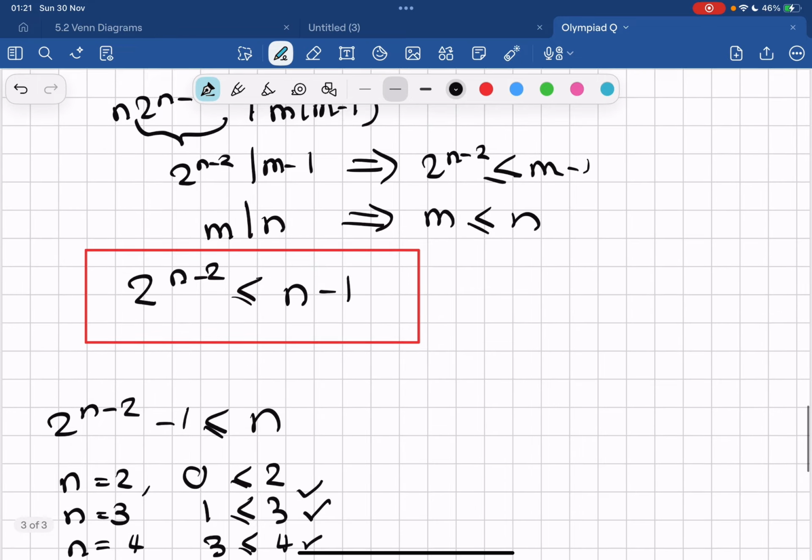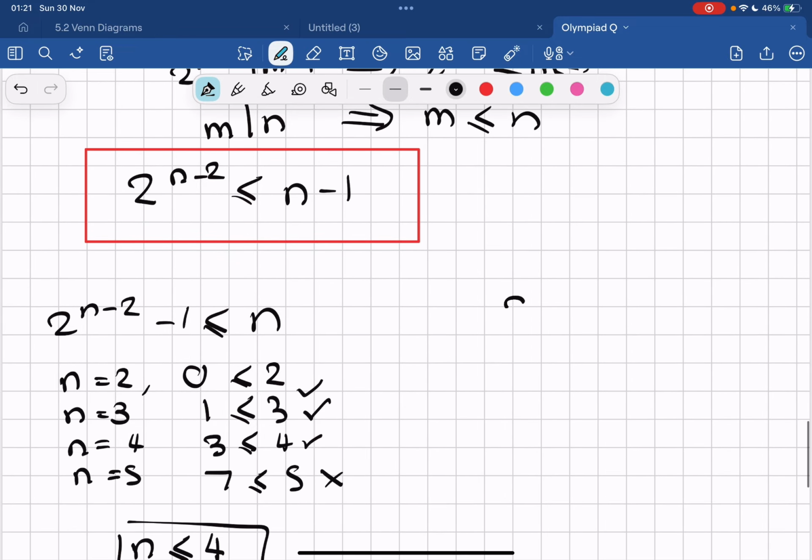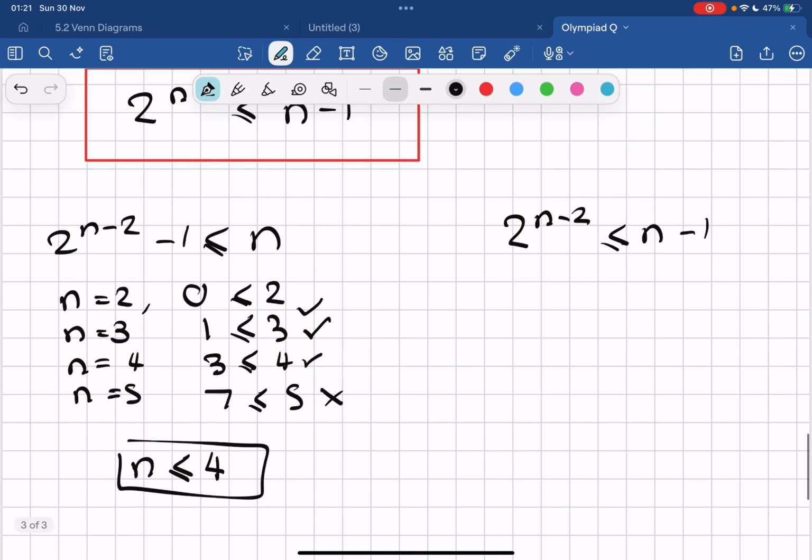Now if you move over to our second inequality, 2 to the n minus 2 is less than or equal to n minus 1. We don't check n equals 1. N equals 2, we get 2 to the 0, which is 1, and 1 is less than or equal to 1.